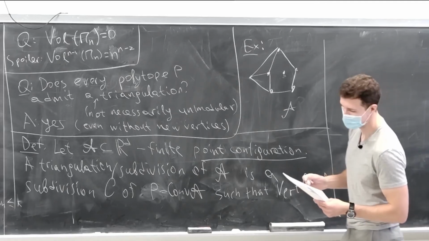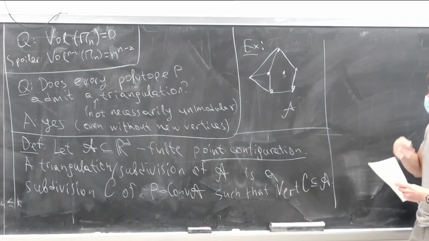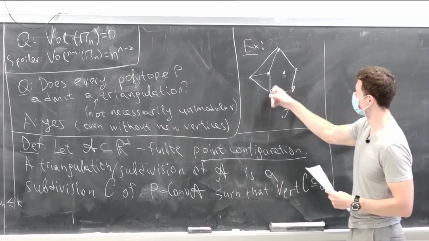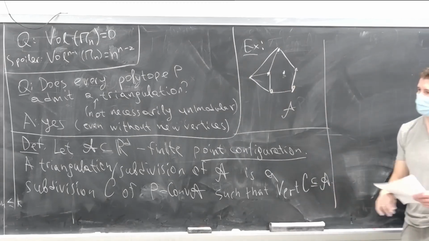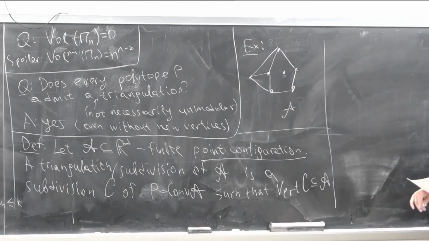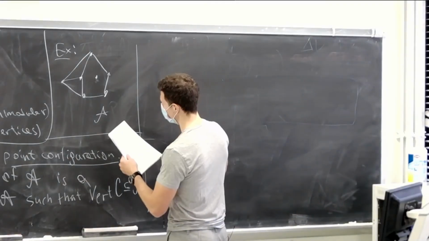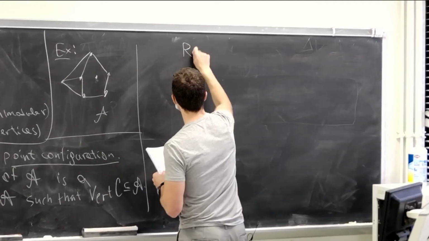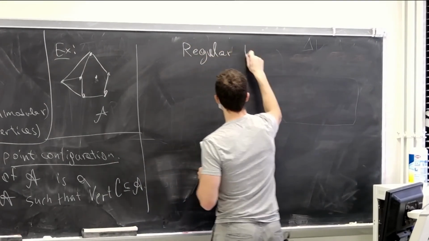Anyways, I'm going to tell you a different construction. I'm going to start with an arbitrary collection of points in d-dimensional space, and then I'm going to give you a bunch of very nice triangulations of that collection of points. And that is the next subject, regular triangulations.